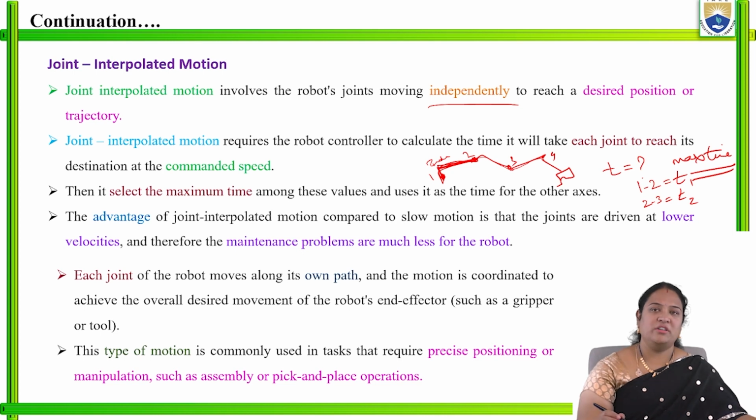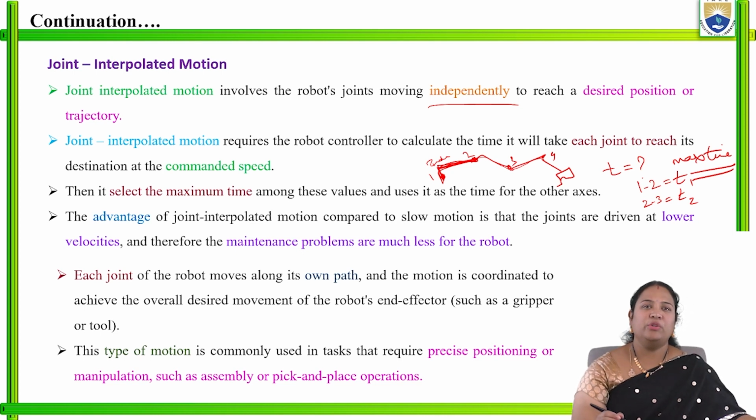Due to the lower velocity compared to the slow motion manipulator, the joint interpolation motion gives fewer maintenance problems than the slow motion robot. This is an added advantage of the joint interpolation motion technique. Right? Next, in the joint interpolation motion, each joint of the robot will be moving on its own path.